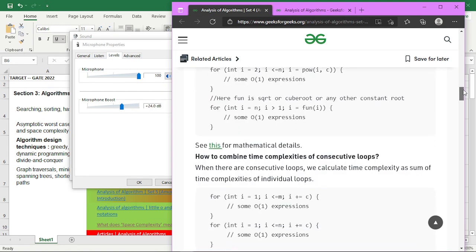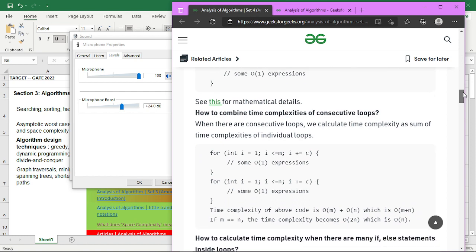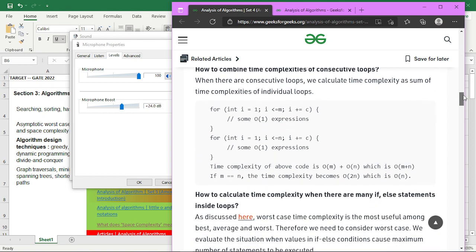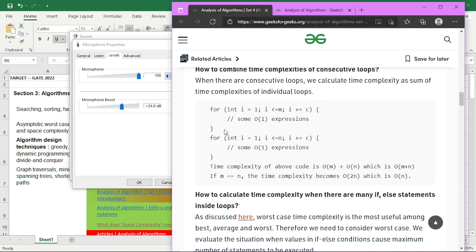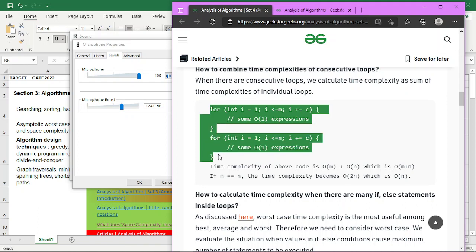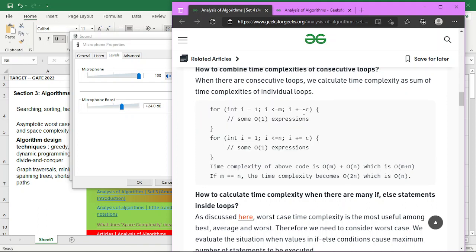So let's combine these and check from this example what the answer will be. Let's say the algorithm has two for loops. Those are not inside one another and are different. As it is incrementing, it will be order of m here and order of n here. These are not nested in each other, so we will not multiply these, we will add them.